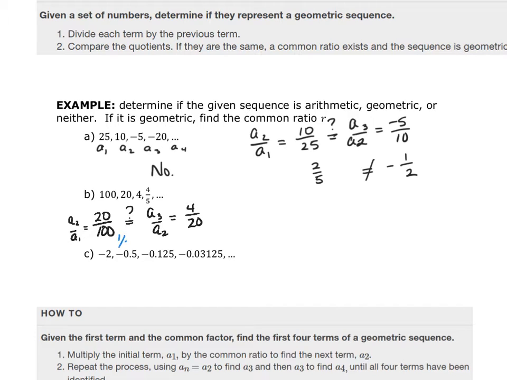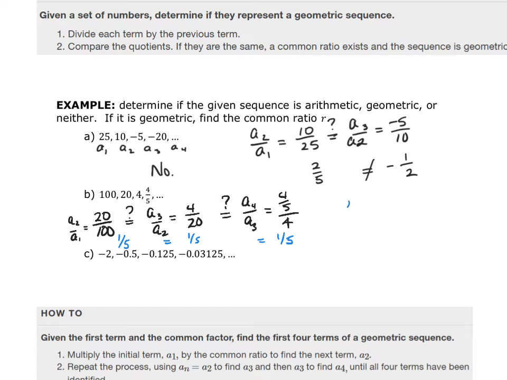And 4 divided by 20 is also 1/5. So far this is looking good. I'm just going to check one more because I can. Does this also equal a4 over a3? a4 is 4/5, a3 was 4, and of course this reduces down to 1/5 as well. So this is a geometric sequence.